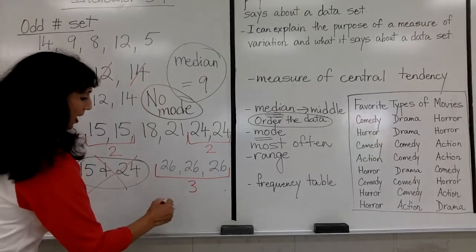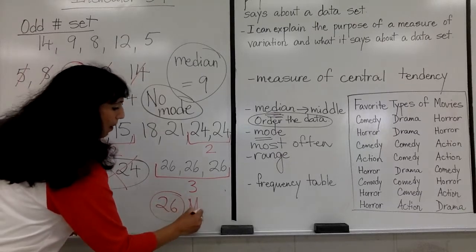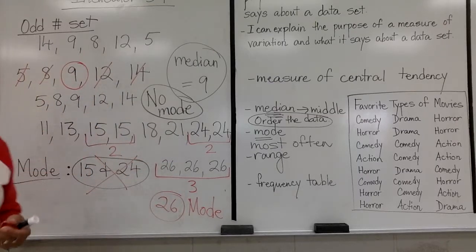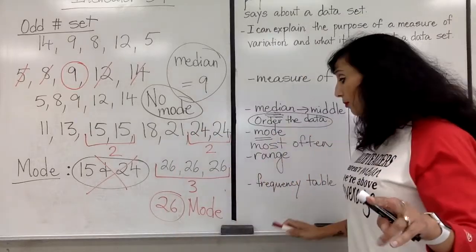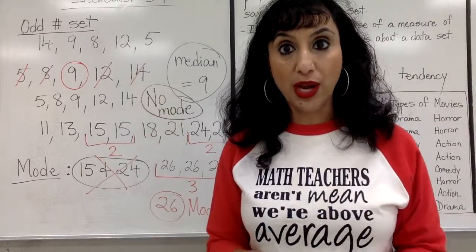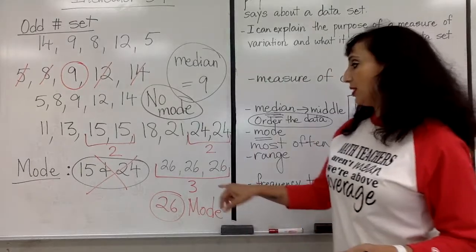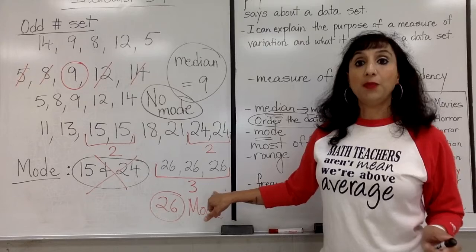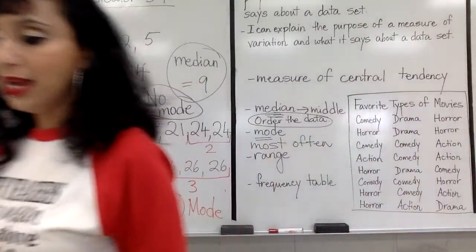The new mode in this case would be 26, because 26 is the most now, because there are 3 of 26, but the other 2, even though they are repeated, they are only 2 of them. But remember, mode means which number is occurring the most, okay? Or which data is occurring the most. So therefore, in this case, because we have 3 of these, that number is repeating the most, and that is why this is the mode, okay?